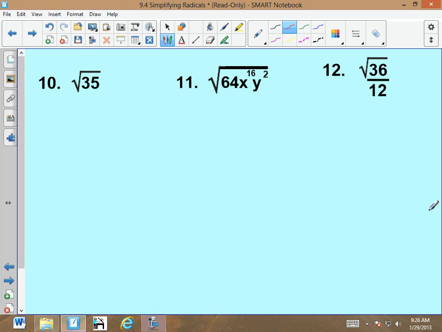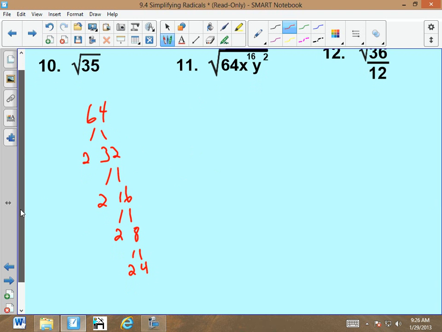Okay, let's look at number 11. The first thing I'm going to do is go ahead and factor the 64. 2 and 32. 2 and 16. 2 and 8. 2 and 4. 2 and 2.